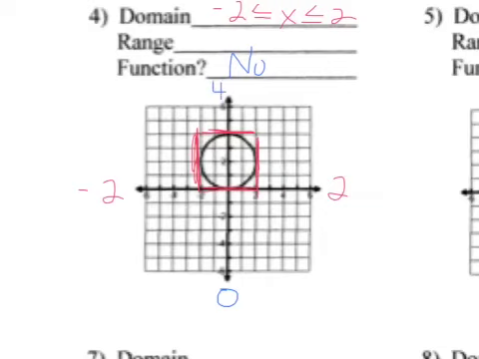So since I had a minimum and a maximum value, I would write it as 0 is less than or equal to y, because we're talking about range, which is less than or equal to 4. So all of the values in my picture are going to be between 0 and 4. So no matter where I pick on this picture, it's between 0 and 4 for my y value.